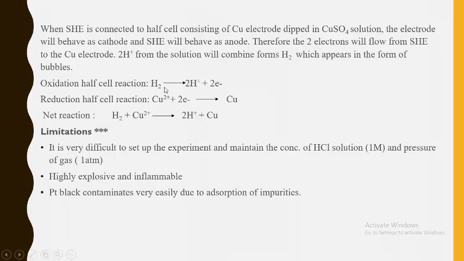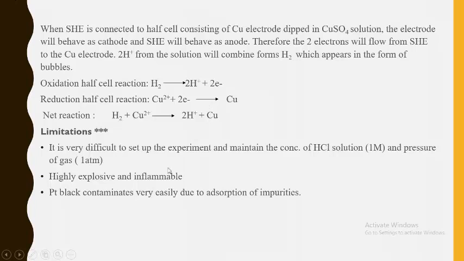Oxidation half cell reaction: hydrogen, in this case SHE, is reacting as an anode. So 2H plus and 2 electrons will be released. Copper is acting as a cathode. It will gain the electrons and form copper. In the net reaction the two electrons will be cancelled, and the H plus ions will combine to form the hydrogen gas, which will be in the form of bubbles.